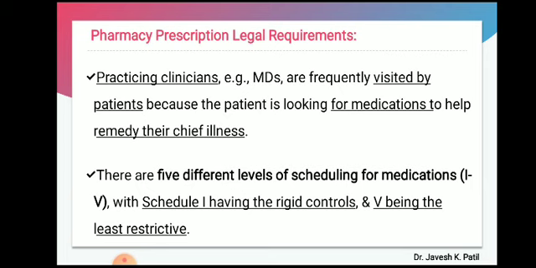And schedule 5, if we say at the last, these are less restrictive, there is very little control over mentioning or using such medication in the prescription or medication orders. Let us see in detail.